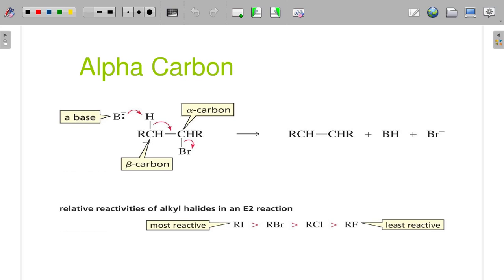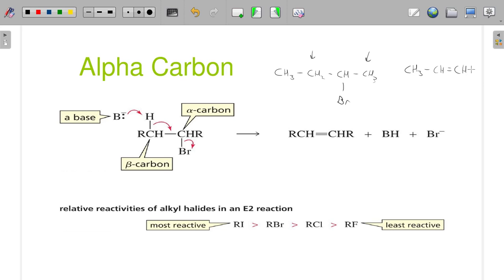Now, I did say one of, and that's mainly because if I were to start with something slightly different, on that particular molecule, I technically have 2 different beta positions. That will actually end up creating 2 different alkenes.